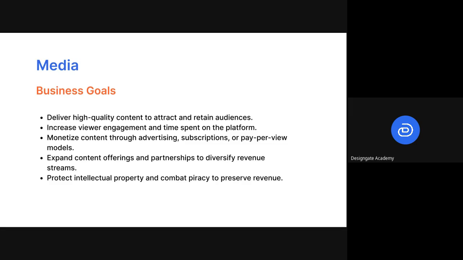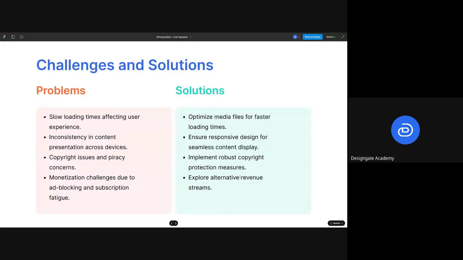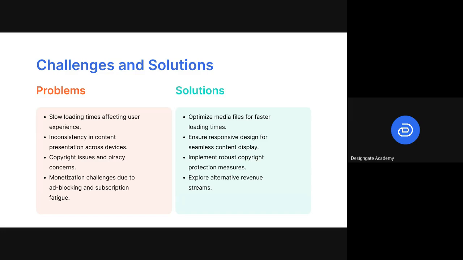Let's take a look at number one. We have slow loading times affecting user experience. In this case, what you can do is optimize the media files for faster downloads. By the time we are doing handoff, I'll show you websites that you can use to optimize your design.